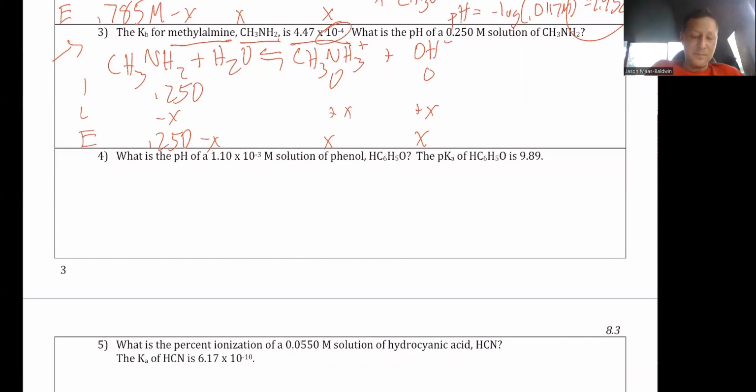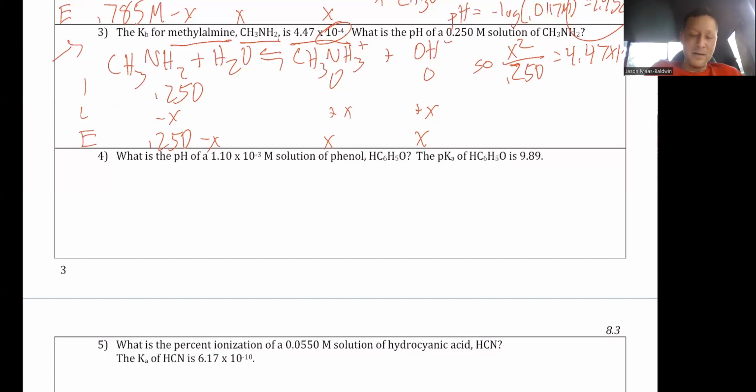And so we just set this up and we can say X squared over 0.250 is equal to the Kb, which is 4.47 times 10 to the minus 4. And the thing we have to remember is here, since it's a Kb, the X is the OH- concentration.